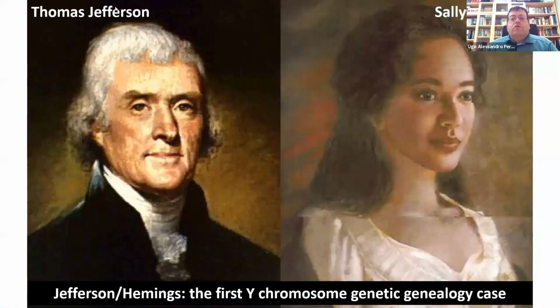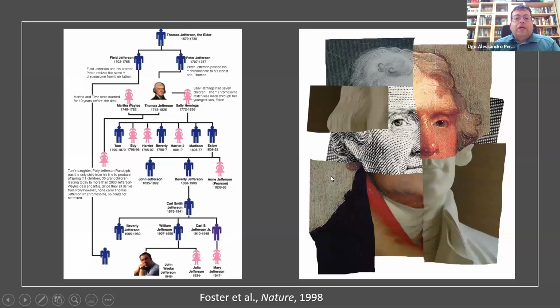Now, for Y chromosome, the popular case was that of US President Thomas Jefferson, and it is said that he may have had an affair with one of the slaves on his property, and her name was Sally Hemings. And there is an unbroken line. Here you have the pedigree chart on the left.